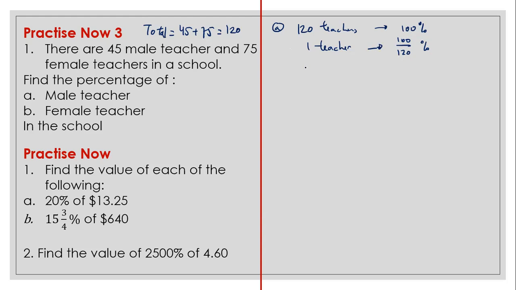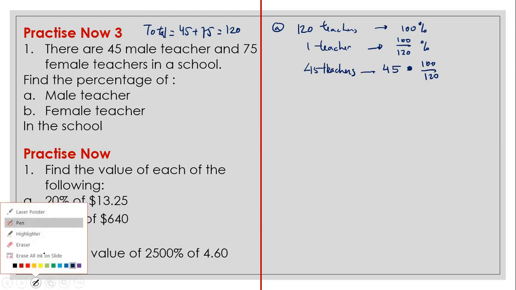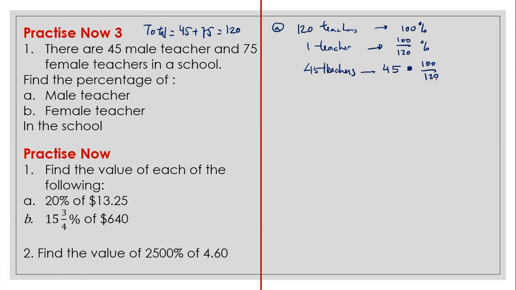So part A, how about male teachers? So we have 45 teachers, right? So 45 teachers representing, if one is representing 100 over 120, then 45 is representing 45 times 100 over 120, right? So how do you do this? Again, simply put on the algebra cross, right? You divide by 2, you will get 5.